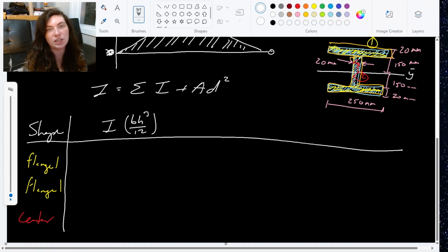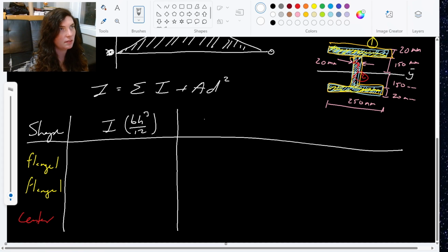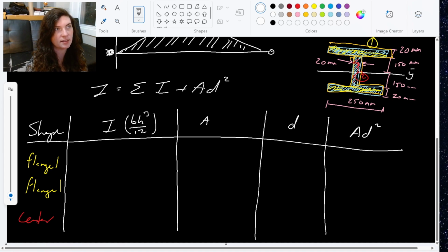But if they were different shapes, then they would use the specific formulas that they needed. Then I'll do an area calculation. Then I'll do D, the distance away from the centroid. And then A D squared. So that way I can sum this first column and the last column, and that's going to give me my answer for moment of inertia.